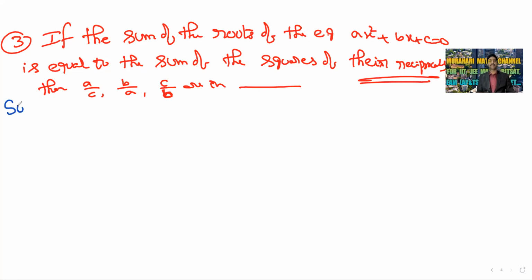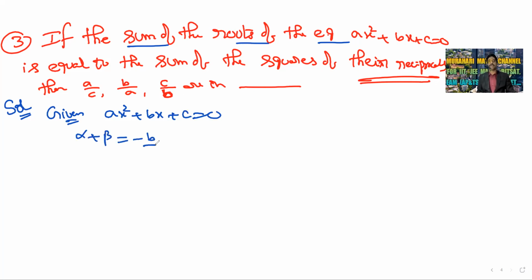So what is given? The sum of the roots of this equation ax square plus bx plus c equals 0: alpha plus beta is equal to minus b by a, which is equal to the sum of the squares of their reciprocals.